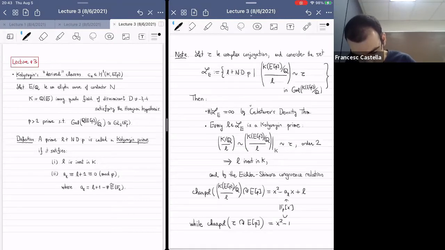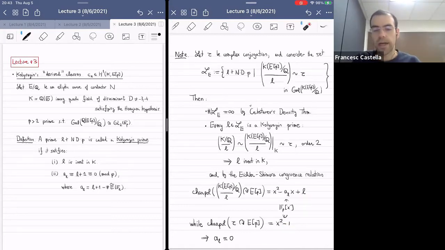That gives us the two congruences. So we get a_L is congruent to 0 mod p, and L is congruent to -1, or equivalently, L plus 1 is congruent to 0.